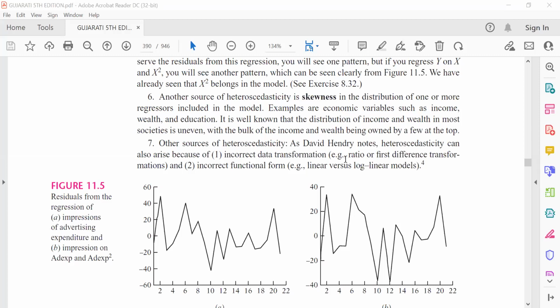And also because of incorrect functional form, I already explained for you. For example, if we have linear data and we estimate a non-linear model, it can also cause heteroskedasticity. I explained before.